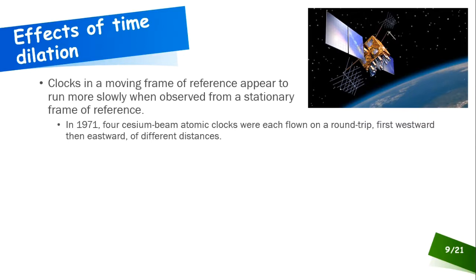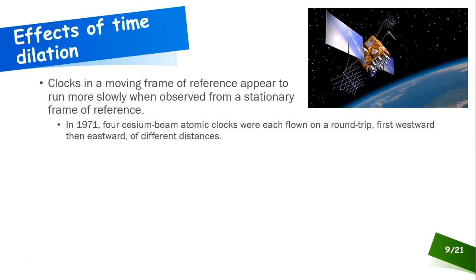So 4 cesium beam atomic clocks were placed on 4 separate aircraft. Okay, the aircraft were then flown on a round trip. Okay, first westward and then eastward, and they were flown different distances. That's why they were doing the 4 planes. So each plane is flying first westward and then eastward, but they go different distances.